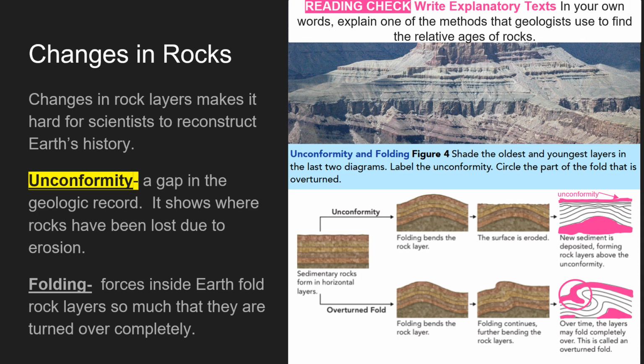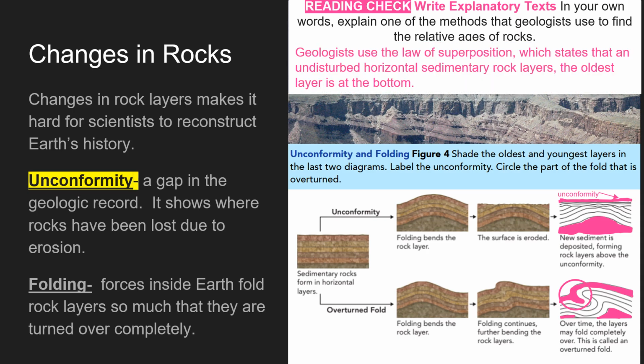Reading check. In your own words, explain one of the methods that geologists use to find the relative ages of rocks. And geologists use the law of superposition, which states that in undisturbed horizontal sedimentary rock layers, the oldest layer is at the bottom. So when something is undisturbed, the oldest layer is always at the bottom.